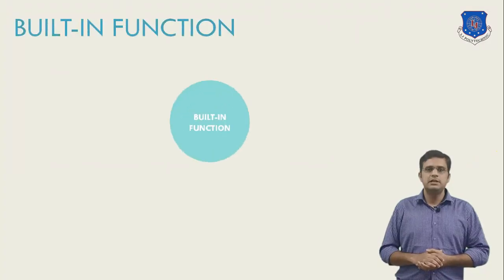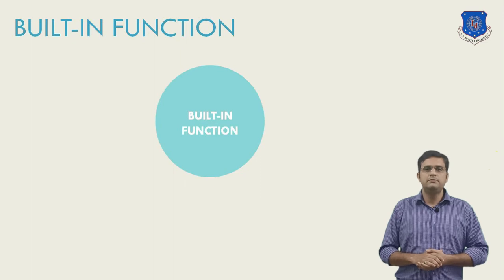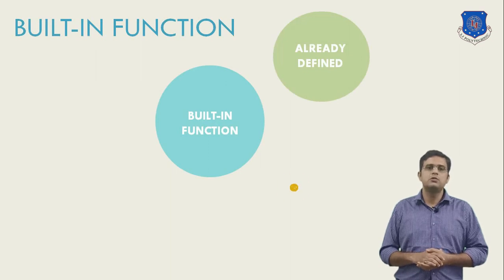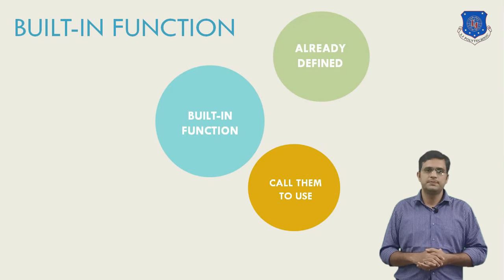Let us now see what a built-in function in PHP is and understand the syntax of it. Built-in functions are predefined functions in PHP, means they have already been declared and you just have to call them to use.